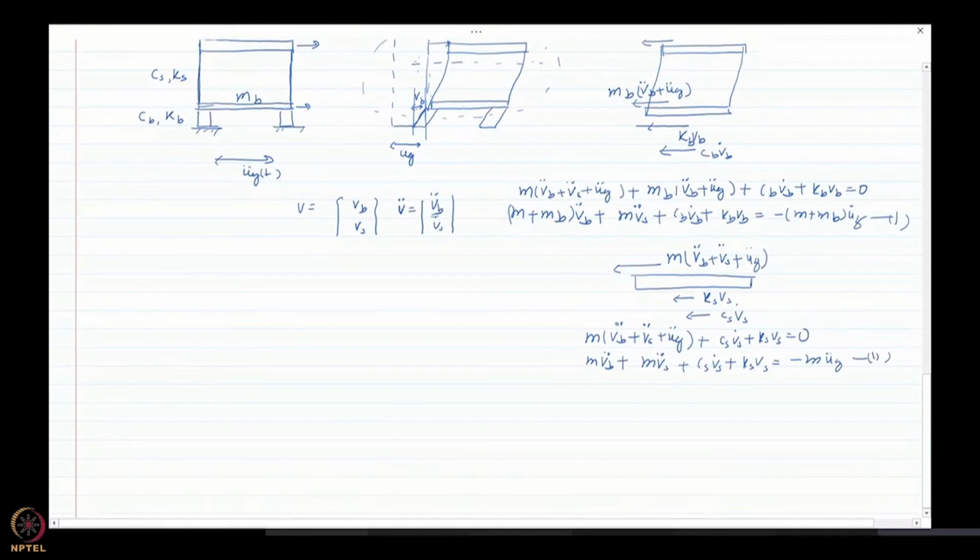If I write it in matrix form, what would I get? This coefficient, and then this and this coefficient. So it would be m plus mb, and then m, and then m and m, multiplied by Vb double dot and Vs double dot.